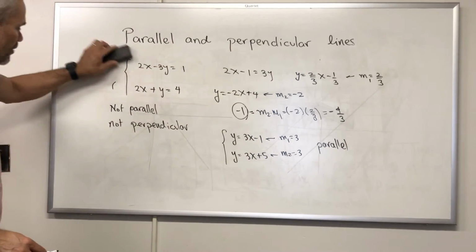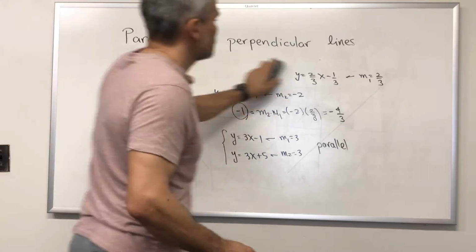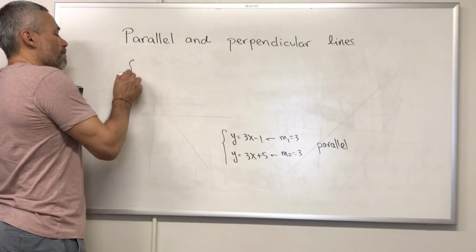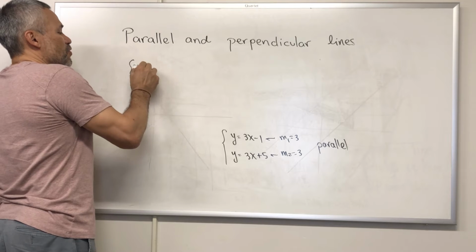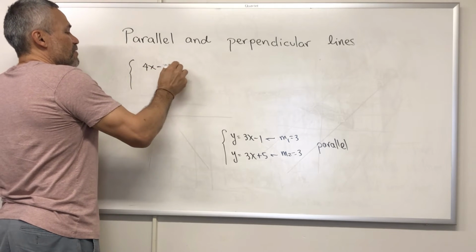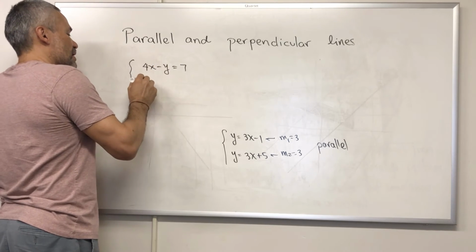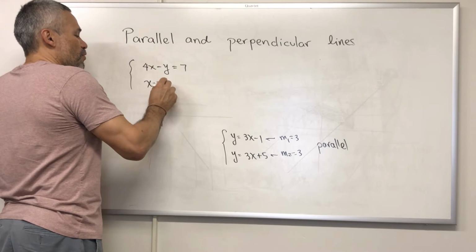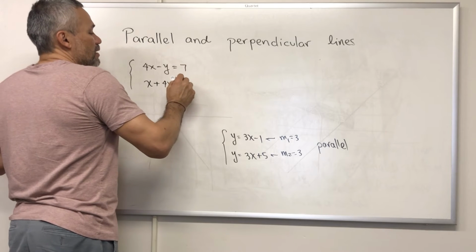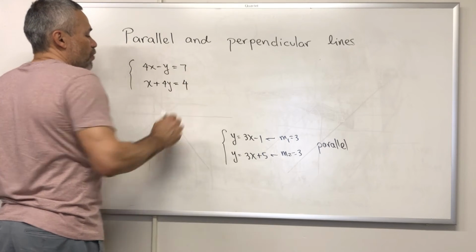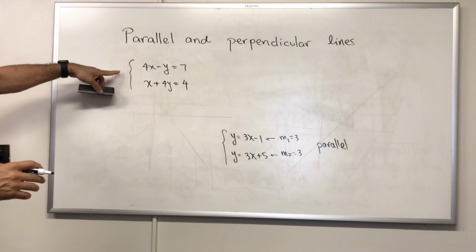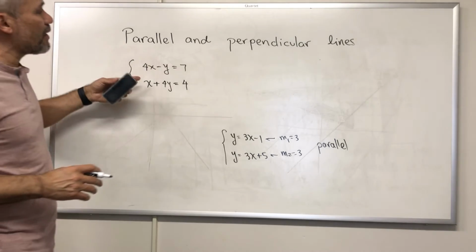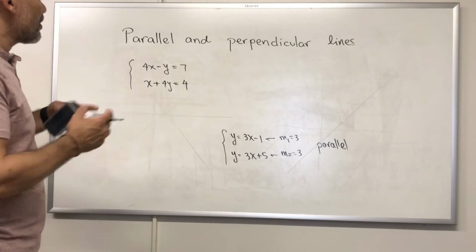Let's do another example. We have the lines 4x minus y equals 7 and x plus 4y equal 4. Then let's decide if these lines are parallel or perpendicular or neither.